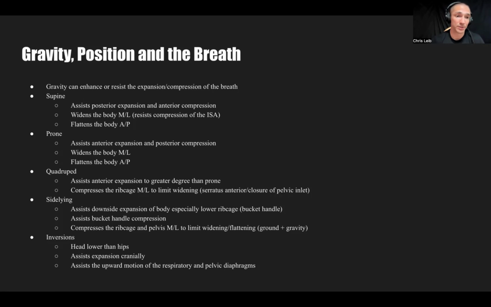It also decreases some of the tension down lower in the pelvis, and it can help guide the upward motion of both the respiratory and pelvic diaphragms. Although it does different things there, where the respiratory diaphragm, the recoil of it is going to be assisted, where the pelvic diaphragm, it might actually assist some of the concentric action of the pelvic muscles there.